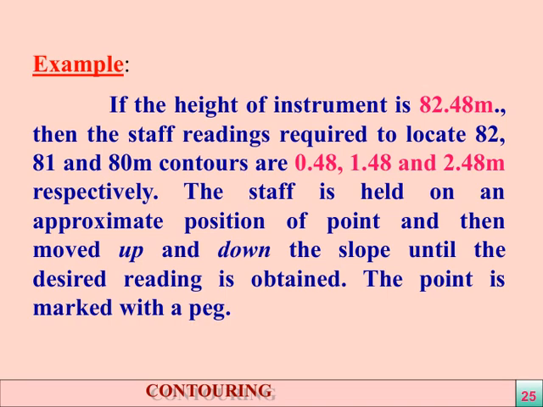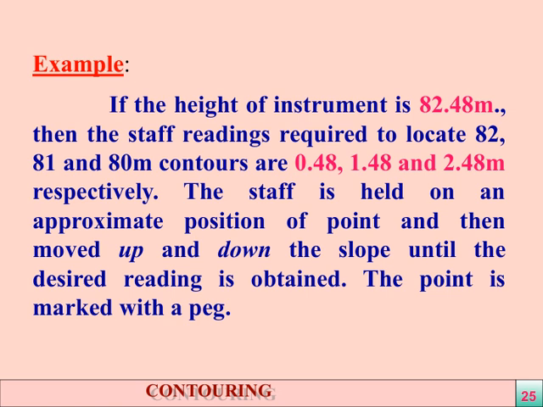Suppose the height of the instrument is set at 82.48 meters. In this case, the staff readings needed to locate the 82, 81, and 80-meter contours would be 0.48, 1.48, and 2.48 meters respectively. What this means is, we hold the staff at an approximate position of the point we're measuring, then carefully move it up and down along the slope.